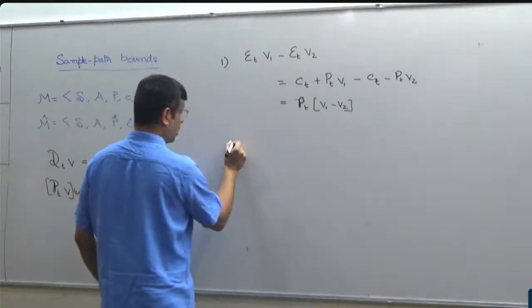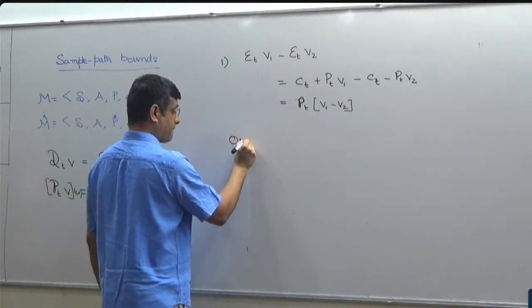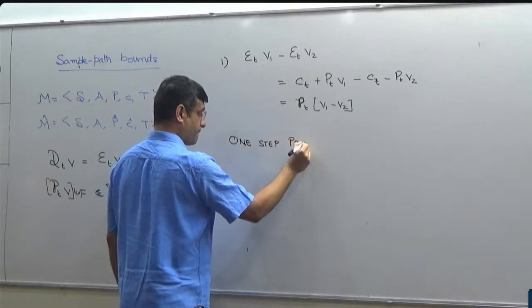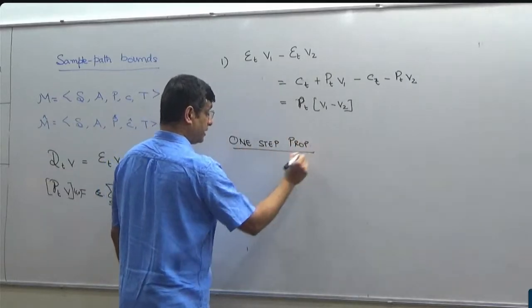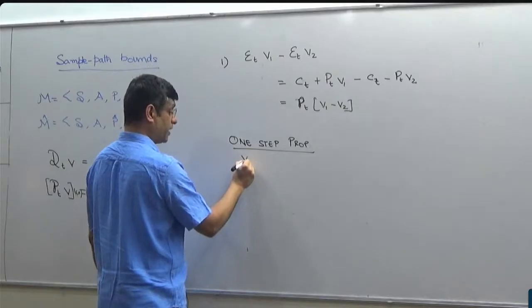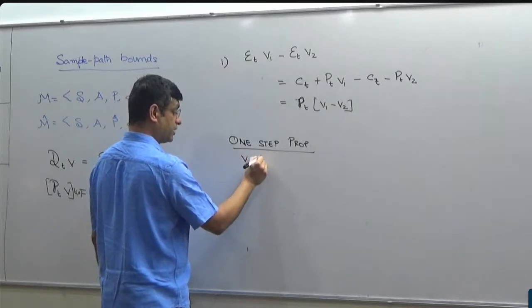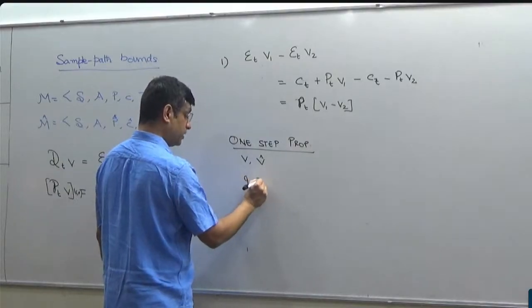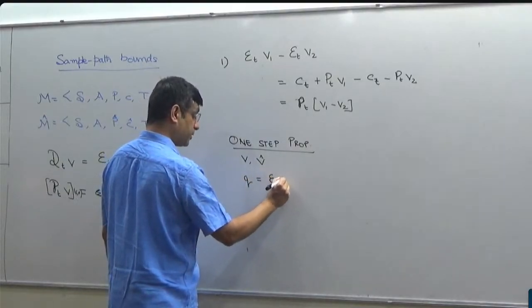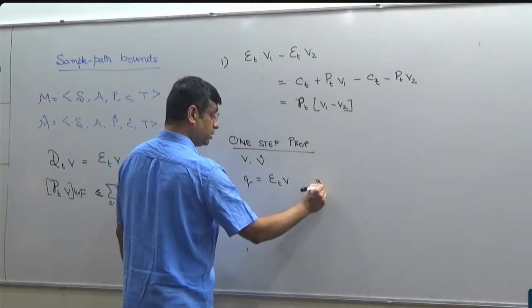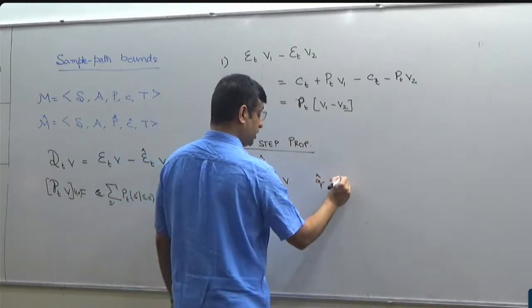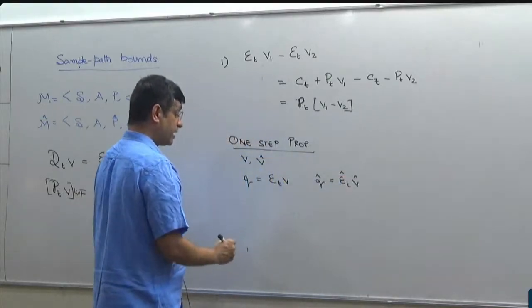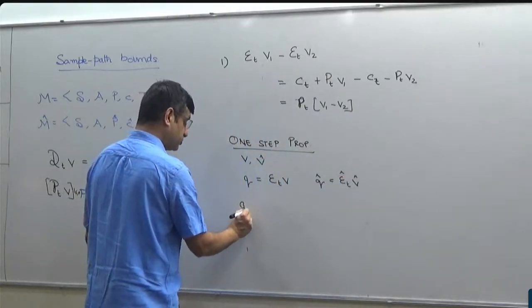Now, let us look at the one step propagation error. My setting is I am given two value functions v and v hat, and I define q to be equal to the environment operator applied on v, and q hat to be the environment operator of the hat model applied to v hat, and I want to get what is q minus q hat.